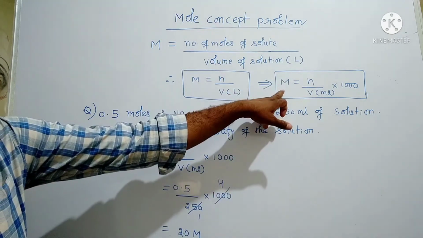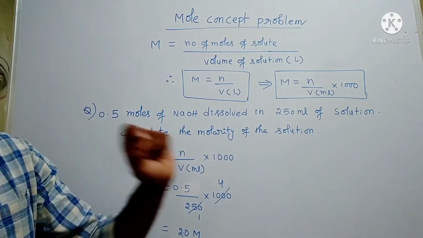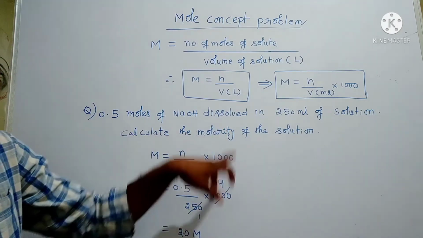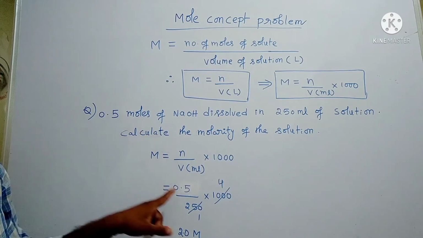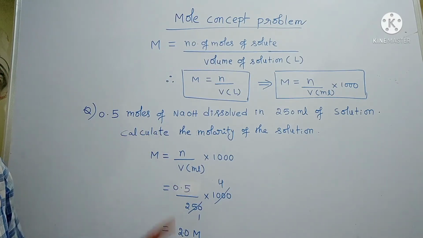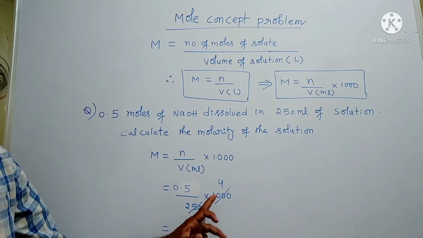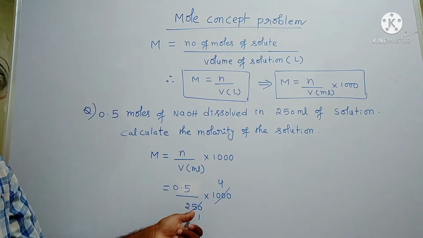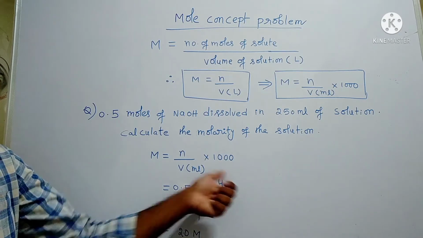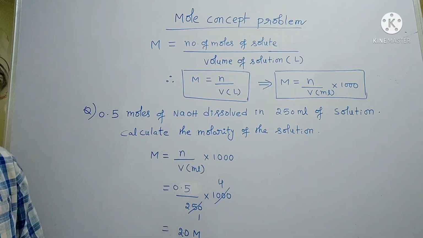I am using this formula because the volume of solution is given in ml. So n is 0.5, volume is 250, multiplied with 1000. Now 250 into 4 is 1000, so 0.5 into 4 gives 2 molar.